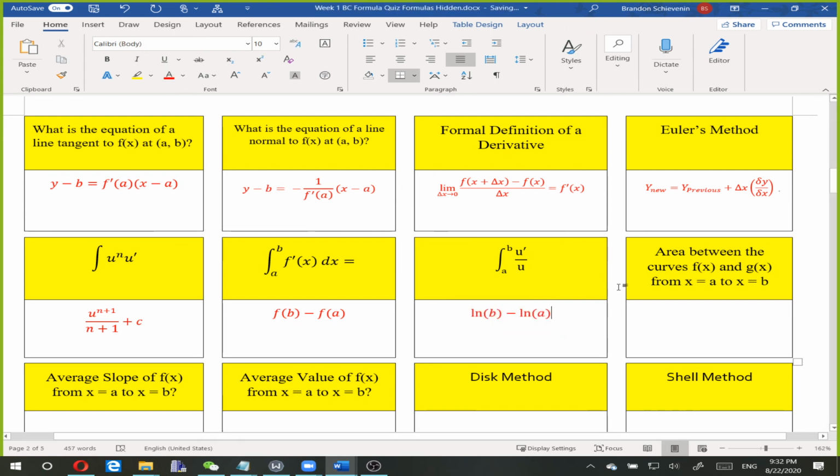Kyle, if I want to integrate the area, if I want to get the area between two curves, so that's f of x and g of x from x equals a to x equals b. So in this case, f of x is my top function and g of x is my bottom function. What do I need to do?